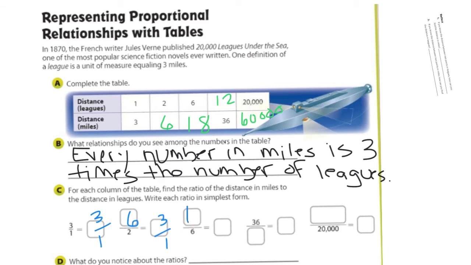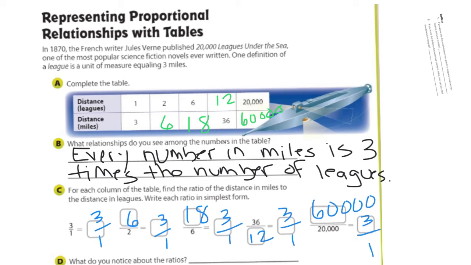So again, I'm going to have 18 over 6, and that'll reduce again to 3 over 1. And the last one will be 36 over 12, and that's, of course, 3 over 1. I lied, this is the last one. It'll be 60,000 over 20,000, and that, of course, will also be 3 over 1.